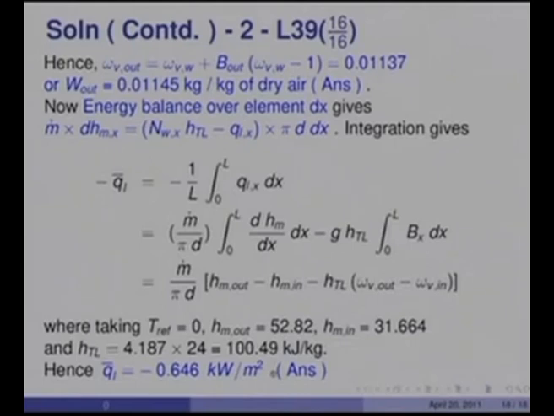Negative sign indicates that the heat must be supplied to the tube, and so this is the second answer to our problem. So, we do find that in the tube the specific humidity has increased and the temperature has been given as constant. There is no change in temperature of the air, in which case you will have to supply heat to the wall, so that it is maintained at 24 degrees centigrade, and the value has been found.